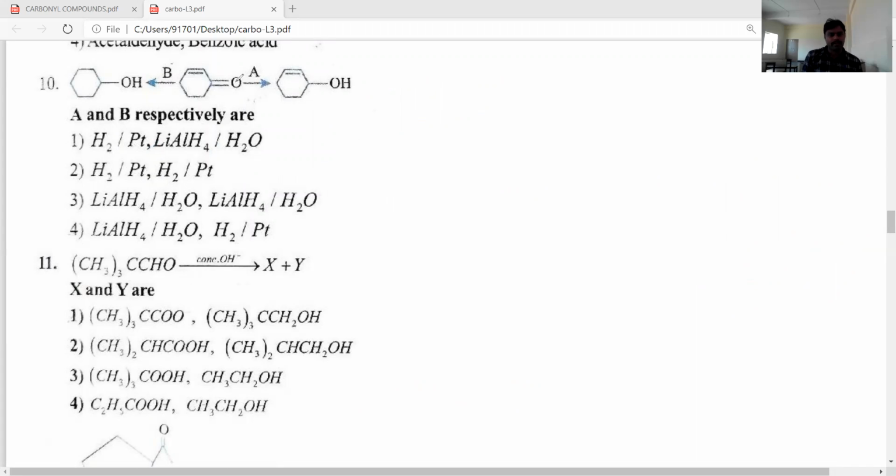If the alpha beta double bond is present and the C double bond O group is also present, then LAH is not suitable for this case, because it is not aromatic alpha beta. LAH is not suitable and sodium borohydride is also not suitable.